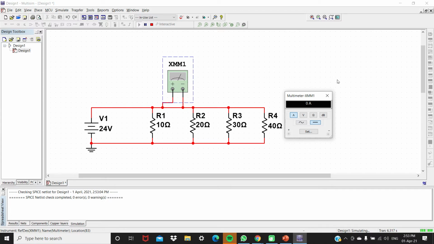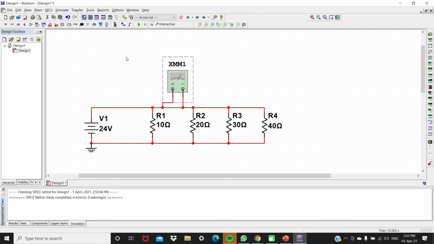Okay, remember, voltage must be measured in parallel mode, in parallel connection, but current needs to be measured in series, meaning it should be connected in line. Okay, let's say Shamimi, you remove the connection between the top of R1 to the top of R2.